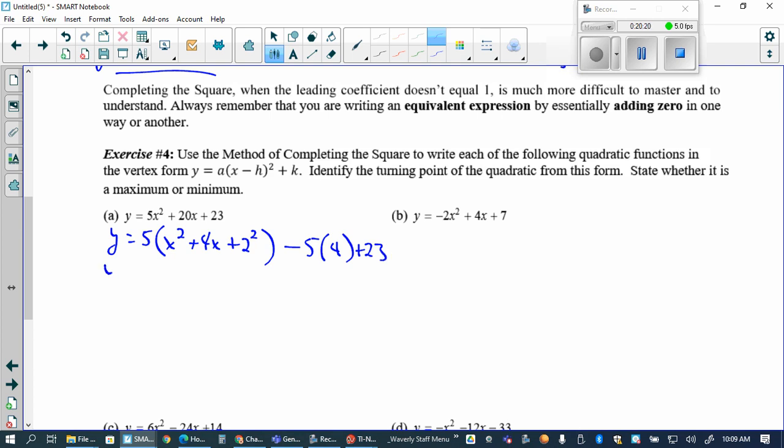Okay, so 5 times what? x plus 2 squared minus 20 plus 23. So y equals 5 times x plus 2 squared, what?